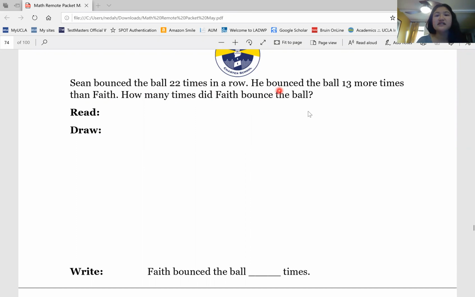He bounced the ball 13 more times than Faith. How many times did Faith bounce the ball? Pause and solve on your own.